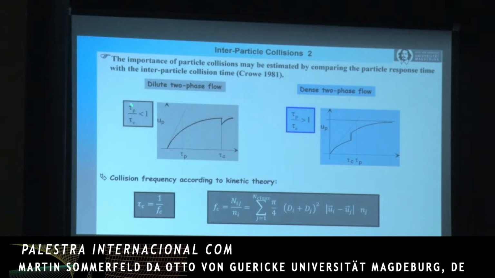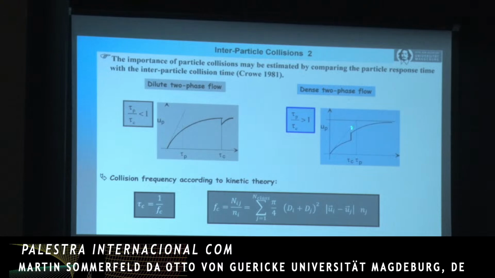Okay, so if this tau c is much larger than tau p, the particle changes velocity in the flow, and then at some stage collides with another particle and changes velocity again. So in this regime, the particle motion is driven by the fluid dynamic interaction, more dilute.